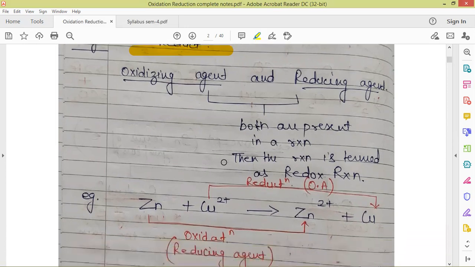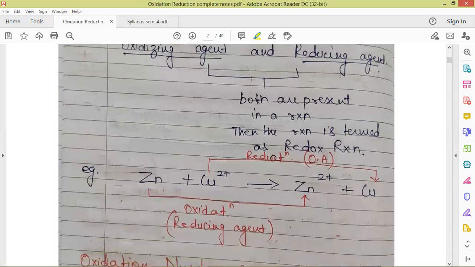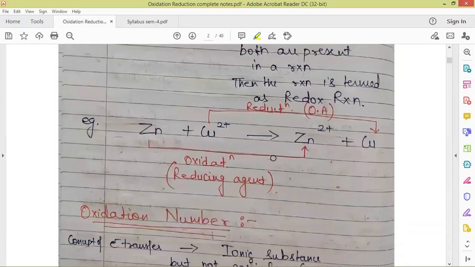Let us see how it happens. When both are present in a reaction, the reaction is termed a redox reaction. Whenever a complete reaction can be converted into 2 half reactions, the oxidation half and the reduction half, and both the oxidizing agent and reducing agent are present, that reaction is called a redox reaction.